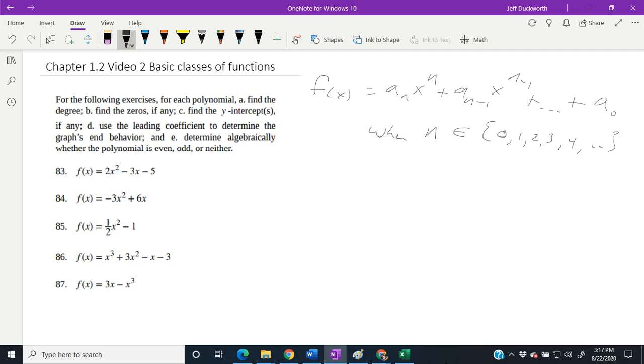So we need to determine the degree of the polynomial, and let's just take a look at the first one. First of all, we have some squares and cubics. If the order of the polynomial is odd for n greater than or equal to 3, say, then it looks like this.